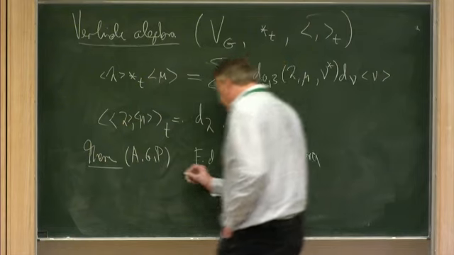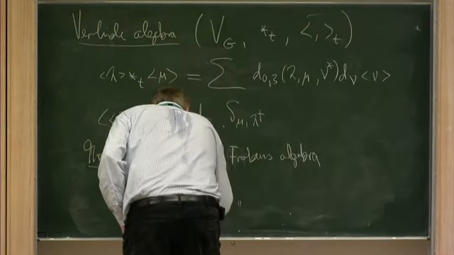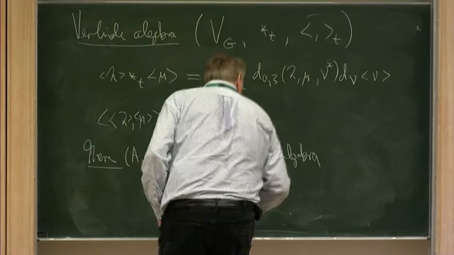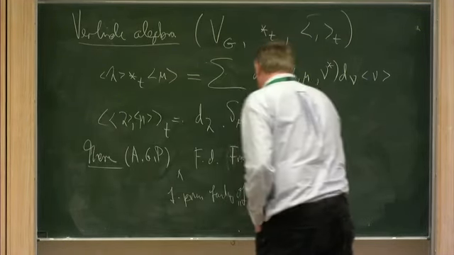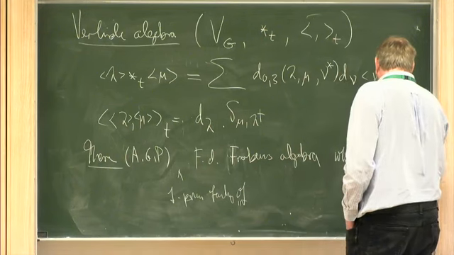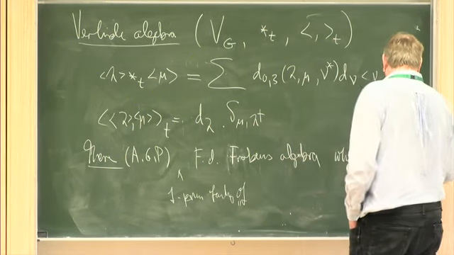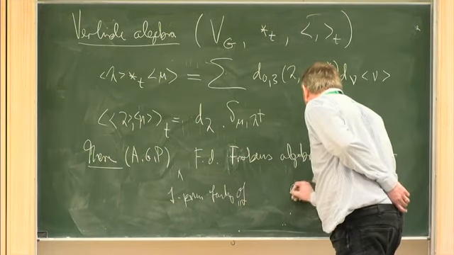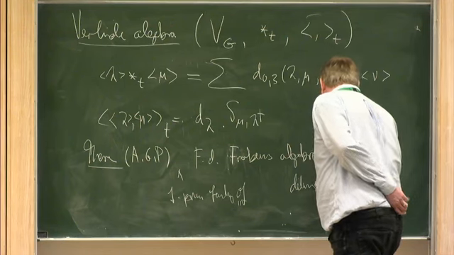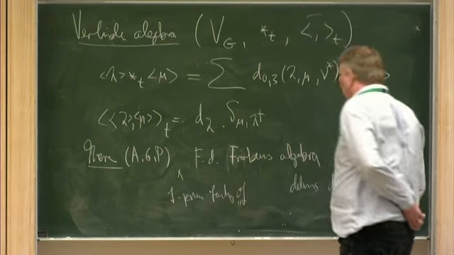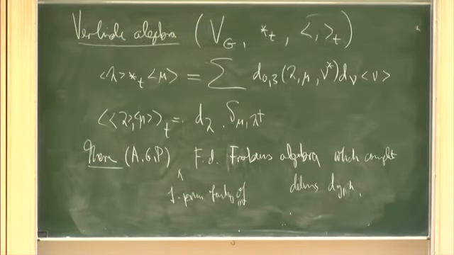This is a one-parameter family of finite dimensional Frobenius algebras, which completely, this is the usual classification theorem for TQFTs in 1 + 1 dimensions, right, which completely determines all these d_{g,n}'s, the whole numbers, right?